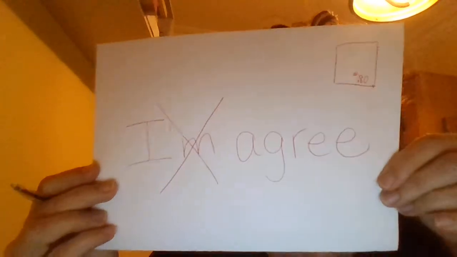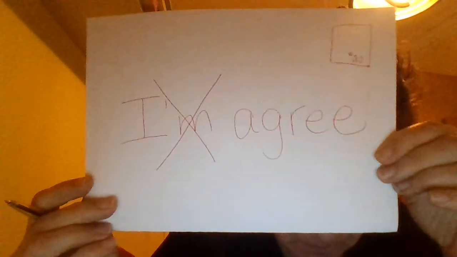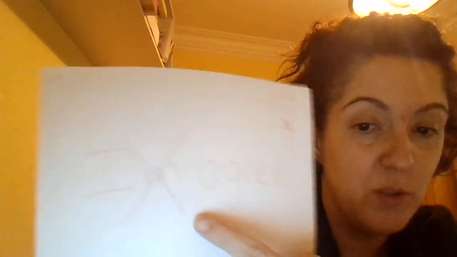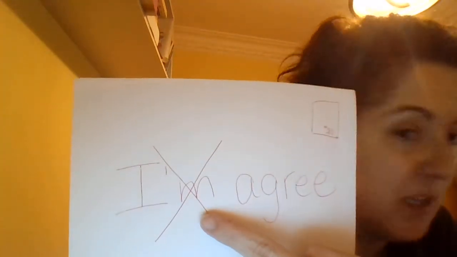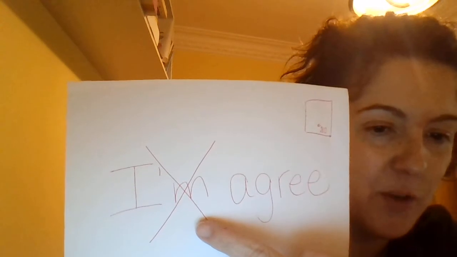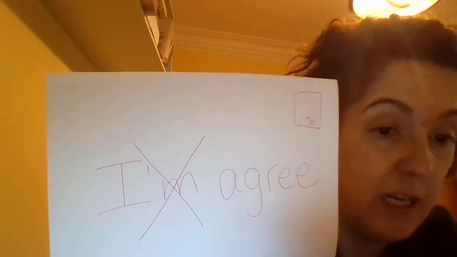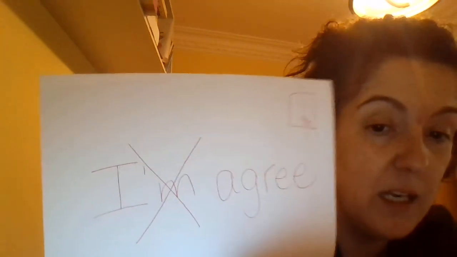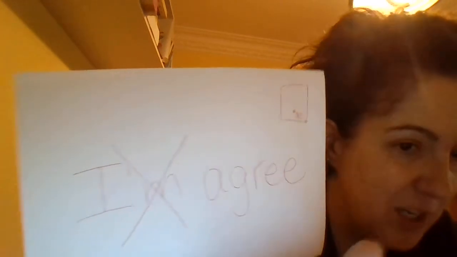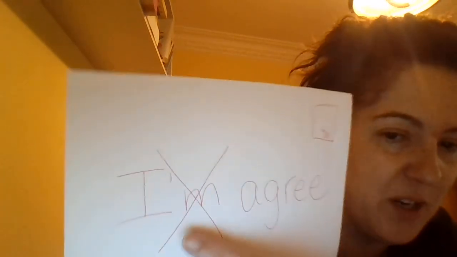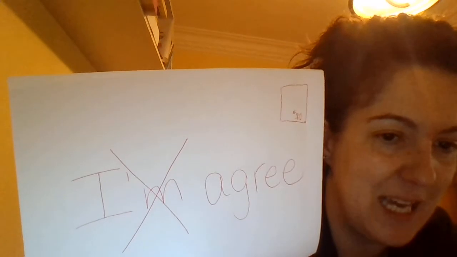I agree. No, right? I know you're thinking in Spanish, and in Spanish, you use the verb to be here. But in English, we don't. We don't say I'm agree. I agree. Okay? And if you don't agree, I don't agree. So never use the verb to be in this case.